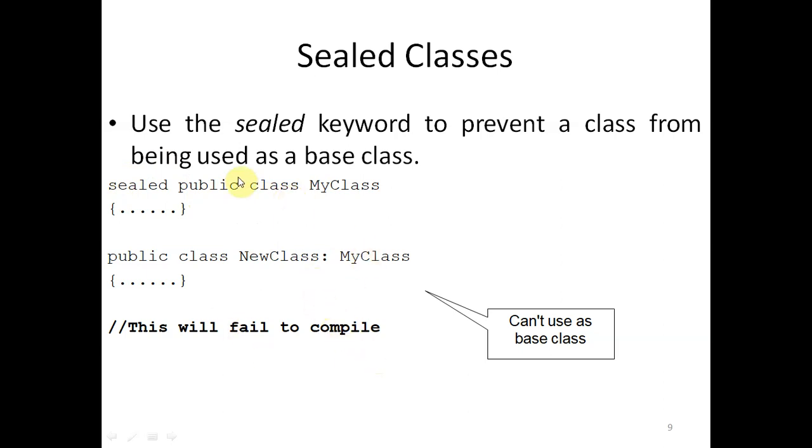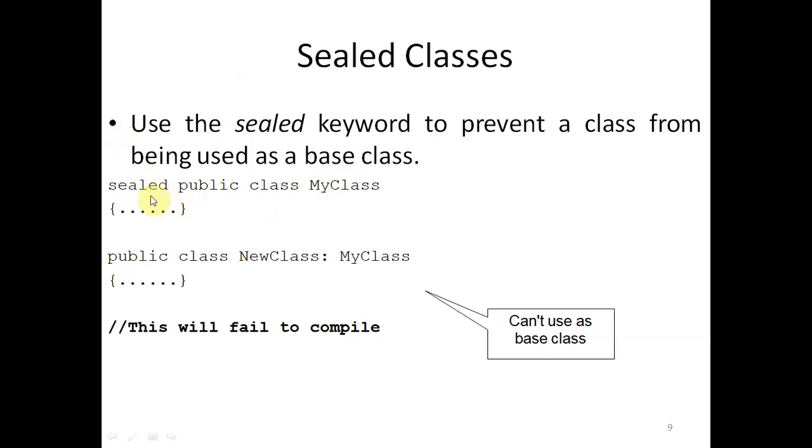So when a class is defined as a sealed class, then this class cannot be inherited. Use the sealed keyword to prevent the class from being used as a base class. In Java, in place of sealed, we use a final class.